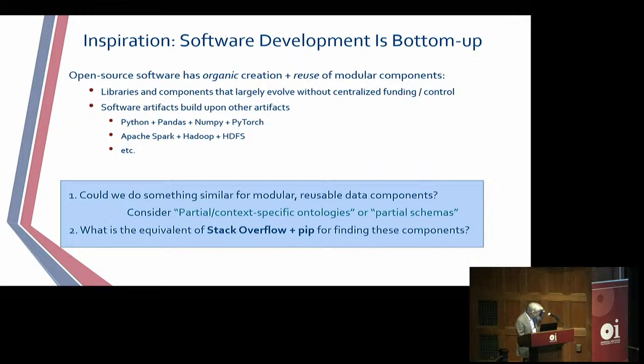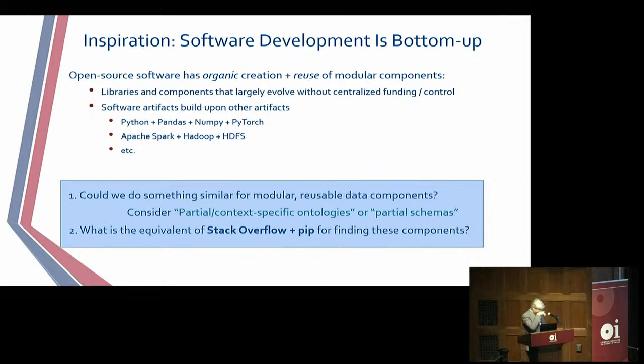So if you look at software, we've had this kind of incredible revolution in terms of open source tooling, libraries, languages, toolkits, et cetera, where people are building things upon other things. Interoperability is kind of a first level principle. It doesn't take centralized NIH funding to start each of these efforts.